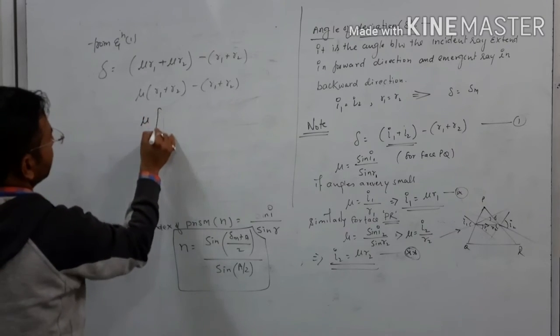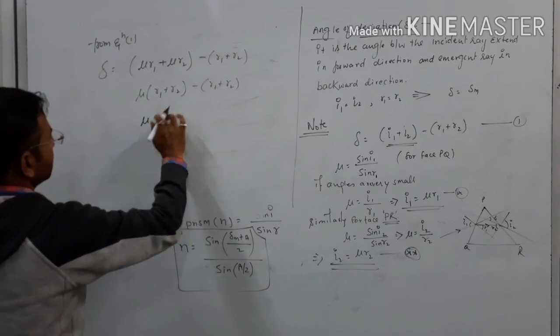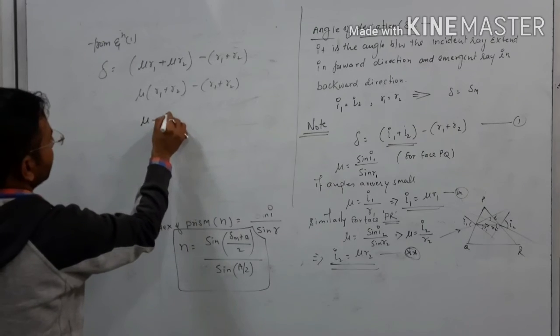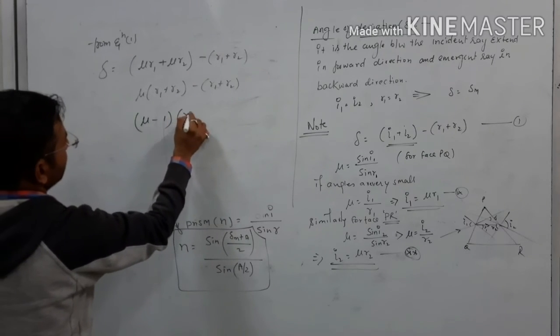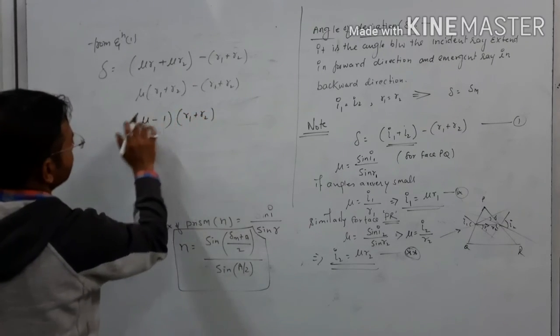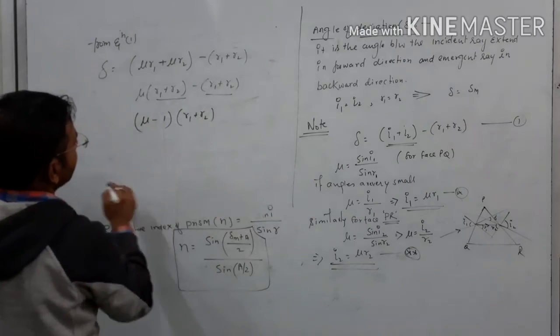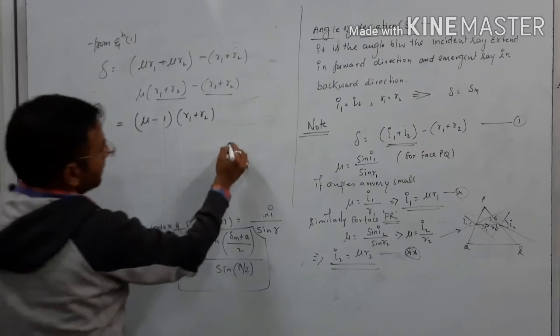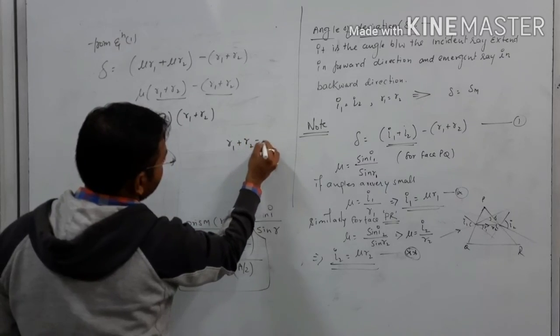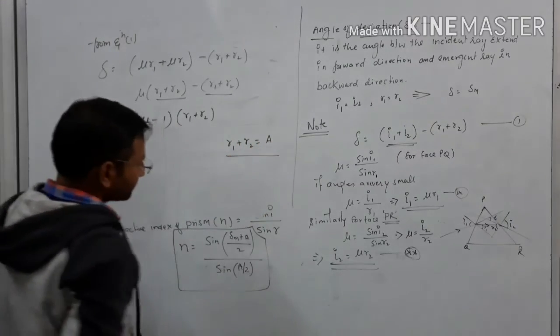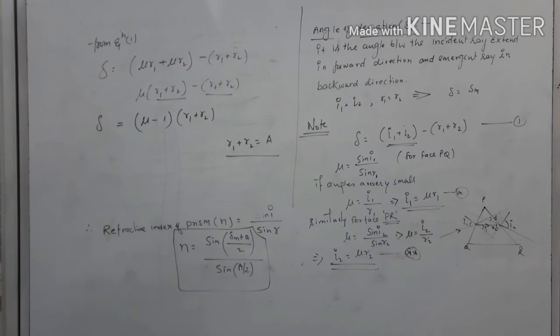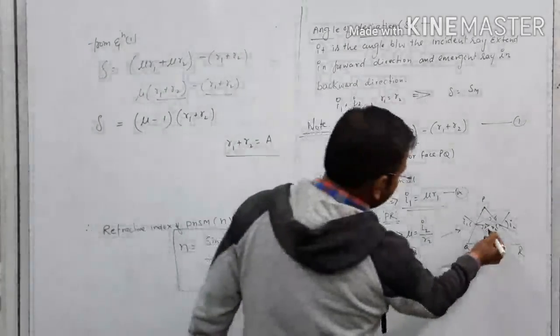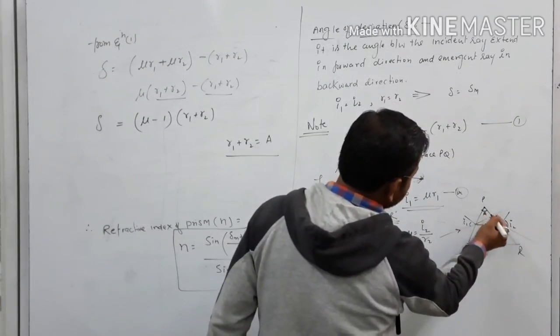Taking R1 plus R2 common, you can write this equation like this. This is the common part. And we know, students, that R1 plus R2 is equal to A from the previous equations, where R1 and R2 are the angles at the faces.